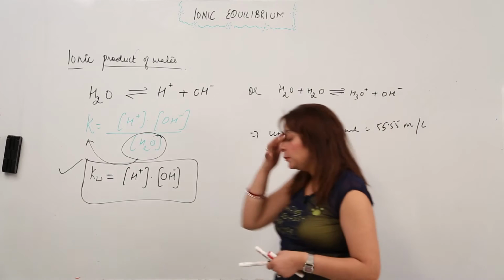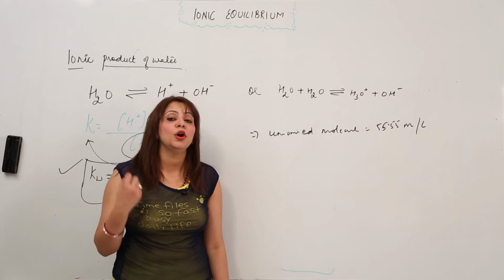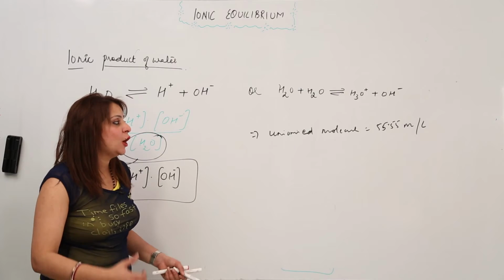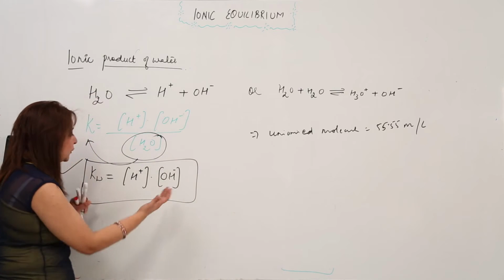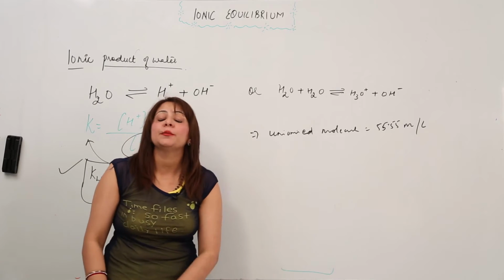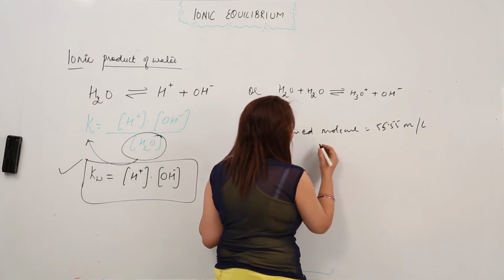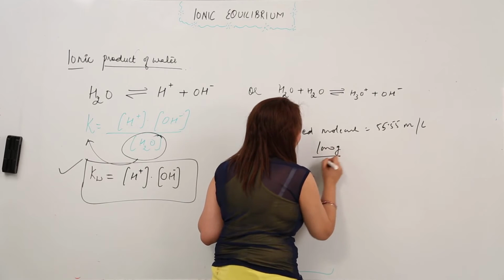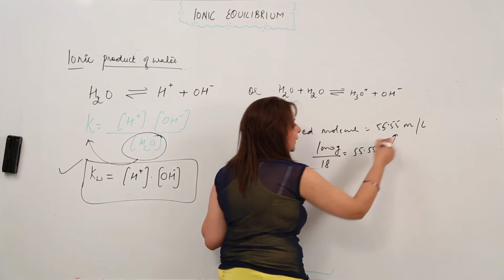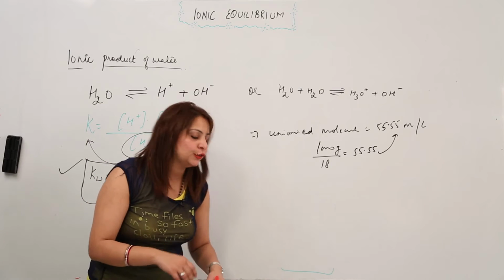So if somebody asks how many molecules remain unionized, it is approximately 55.55 moles per liter. How does it come out? 1 liter is taken as 1000 gram divided by 18, the molecular mass of water. It comes out to be 55.5 moles per liter. That is why we have taken this as the concentration of the unionized molecules.